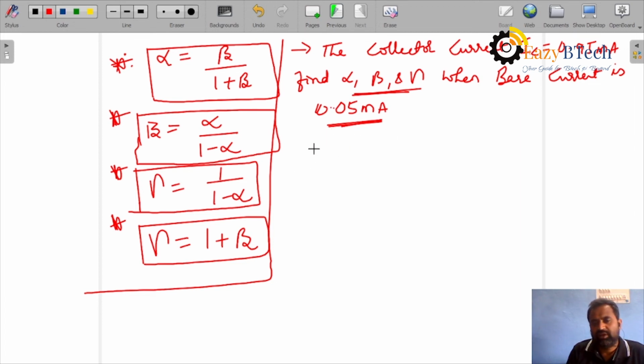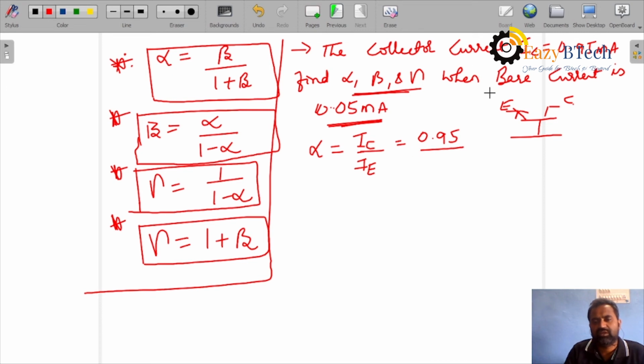Now to find alpha, what is the formula for alpha? Alpha is equal to IC by the output current, that is common base, emitter is input, collector is output. That is IC by IE. You know IC, 0.95 by IE.